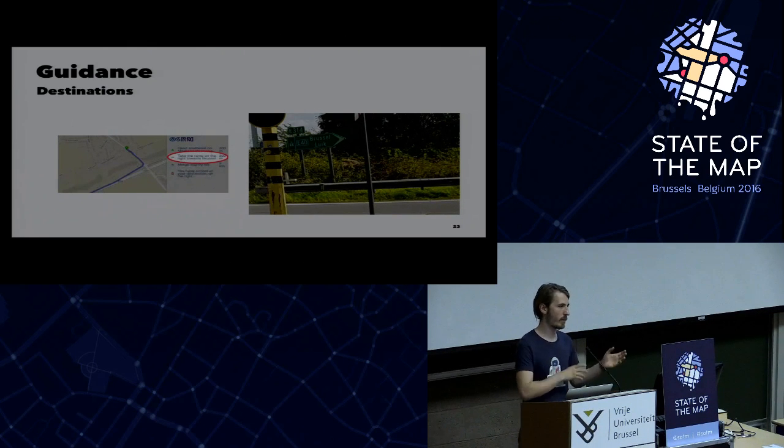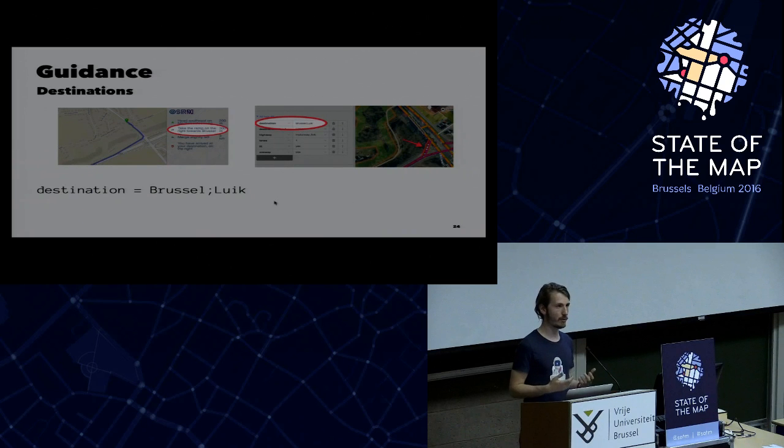At the moment, we return all of these to the client, and the client can then decide how they want to deal with this. One example that we use is the text instruction. The thing that is announced as voice to the user is only the first destination, so it will only be Brussels. But if you have a representation on the display, you could display the whole destination sign.